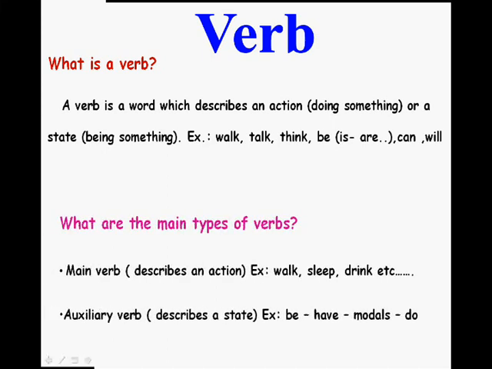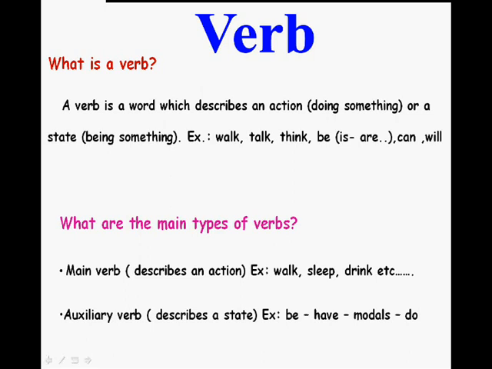What are the main types of verbs? Of course, we have lots of types of verbs, but the main ones are like this. Main verb in the sentence, which describes an action, like walk, sleep, drink, play, run, climb, dance, sing, all these main verbs, okay?